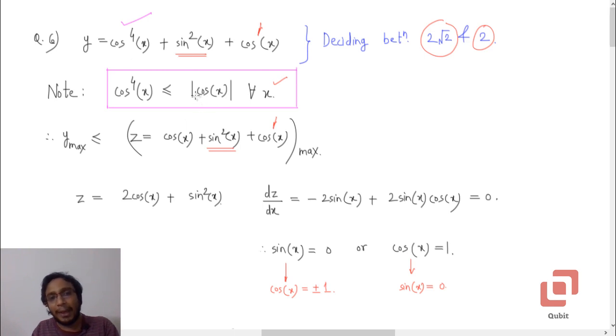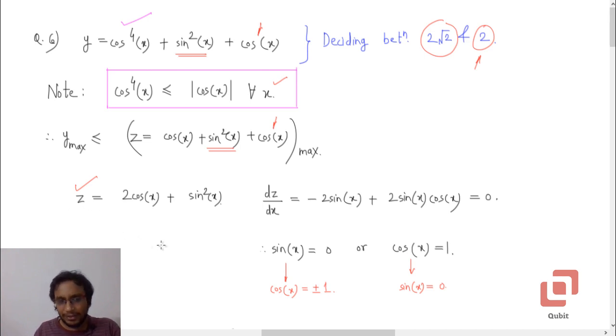And here we can happily ignore the mod sign because we already know that a contender for the maximum value is 2, so that maximum value is definitely positive. So you can happily replace cos raised to 4 x by cos x, and then this is a simpler function to deal with as far as its local maxima and minima are concerned.